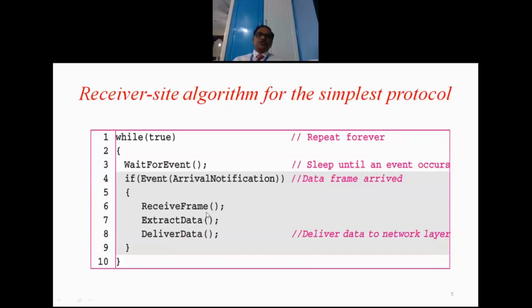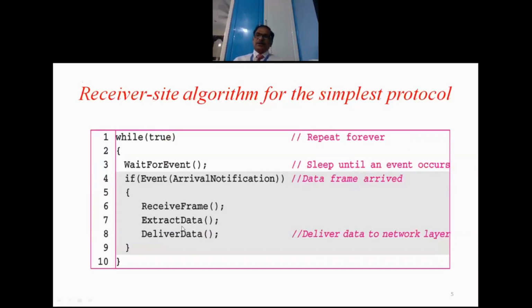Now the receiver's algorithm receives the frame. The received information is put into the buffer. A frame is received and put into the buffer. Then from that frame, extract the data, and hand over the data to the network layer, deliver data.